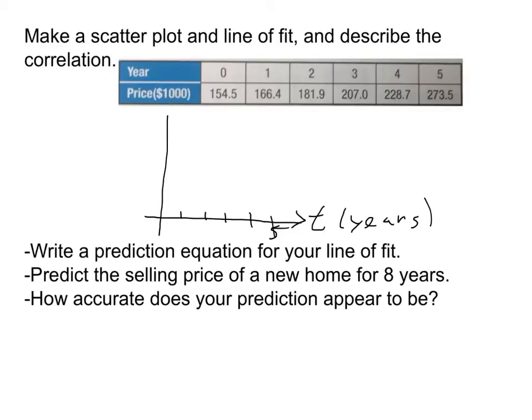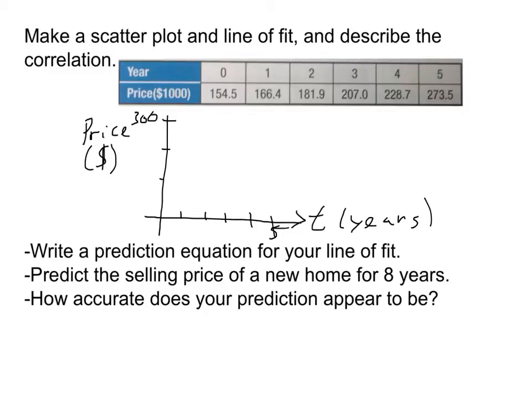Okay, for our y values, that's going to be price, so I'm going to do price in dollars. I need to get up to about 300, so I'll call that 300, then that would be 2 and that would be 1. So that gives me a place to start with my scatter plot.